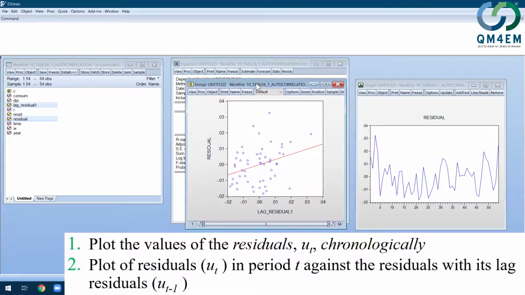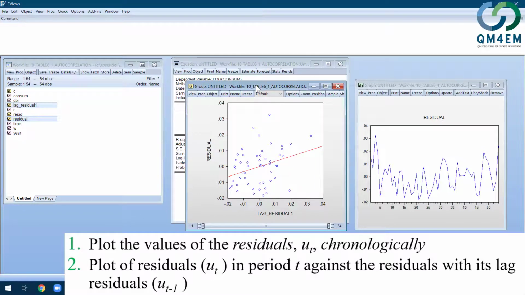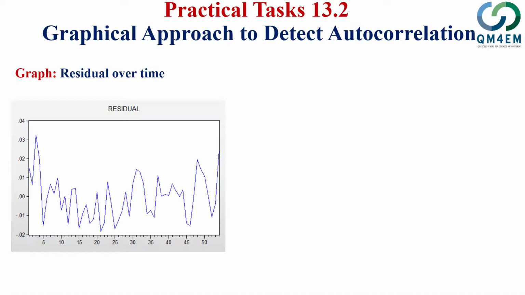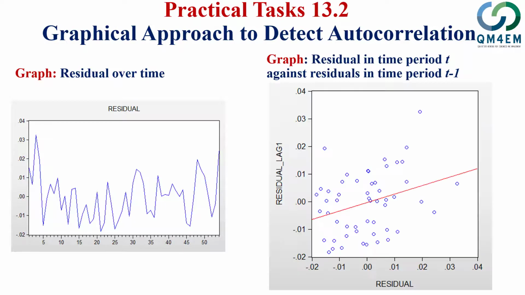Now you can see we have two graphs, one with residual over a period of time and the other with residual against the lag value. We can switch the axis, but it wouldn't make a big difference. So let me switch back to the interpretation part now. Residual over a period of time looks like this, and the graph of residual and residual lag looks like that graph.